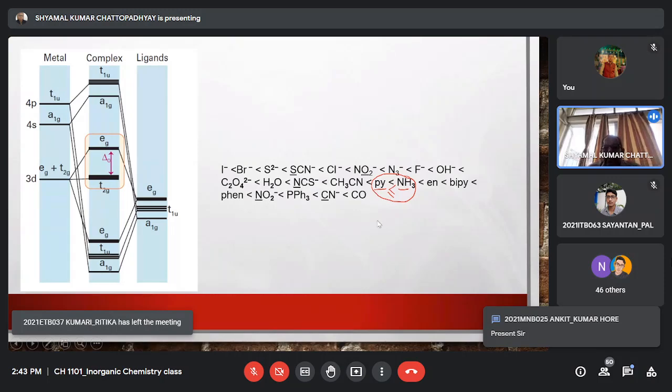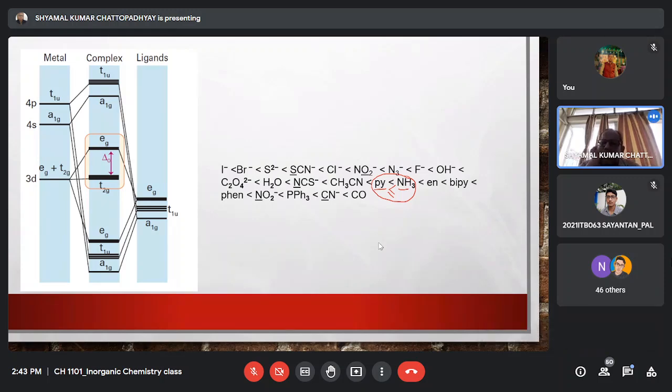Similarly, in terms of basicity, we know that ammonia is a much stronger base than pyridine, because pyridine nitrogen is sp2 nitrogen and ammonia nitrogen is sp3 nitrogen, and sp2 nitrogen has more electronegativity, so it is a lesser donor, right? And obviously pyridine is again a much stronger base than acetonitrile.